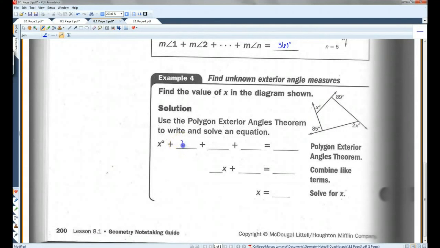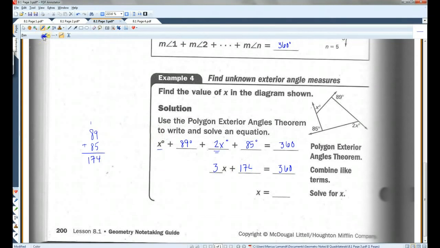So x degrees plus 89 degrees plus 2x plus 85, you could put degrees or you don't really have to. All of this will add up to 360. Let's combine like terms. x plus 2x gives me 3x. 89 plus 85 is 174.